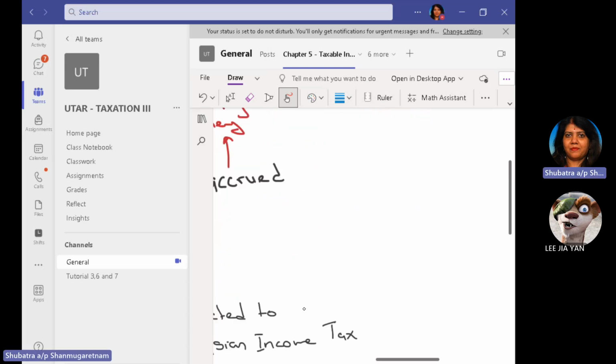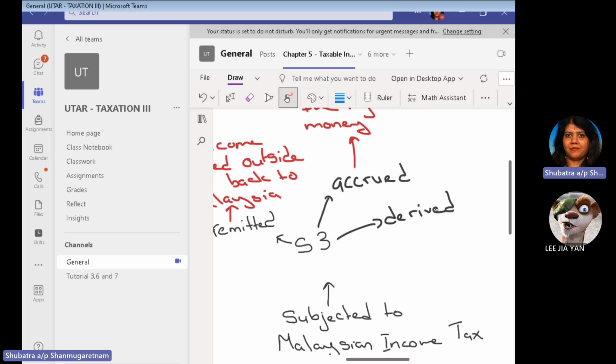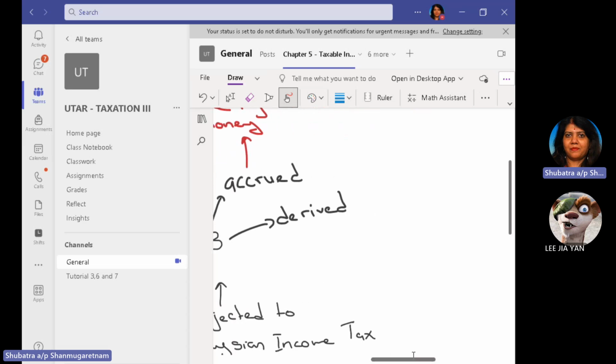All right? The next one is derived. Your derivation rule. Derived means the moment you have got the right, or the moment you have made that income. So when you're talking about derived income, see, I'm very careful here.